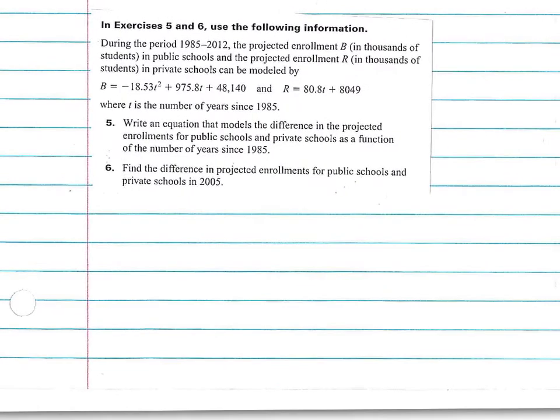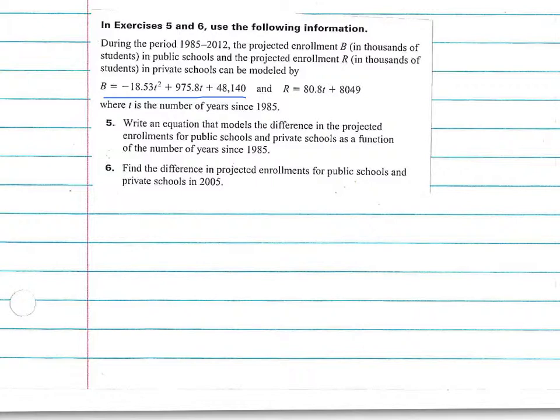B equals negative 18.53 t squared plus 978.8 t plus 48,140, and R is 80.8 t plus 8,049, where t is the number of years since 1985.